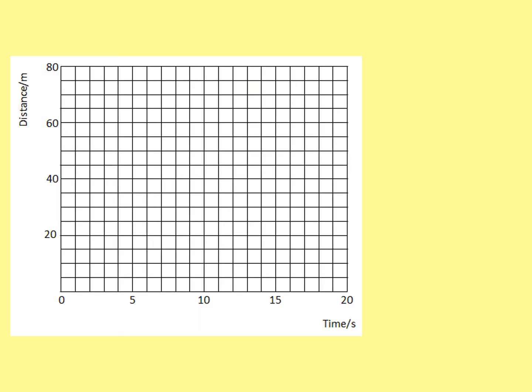Okay, the next thing we're going to do is use a distance time graph to find the speed of an object. So here we have a distance time graph. Distance is always on the y-axis and time always on the x-axis. And here's the line. What we're going to do is very similar to last lesson. We need to find the distance and the time to be able to work out speed.